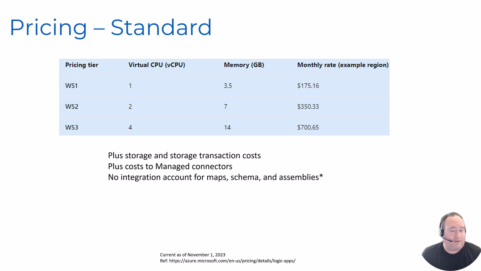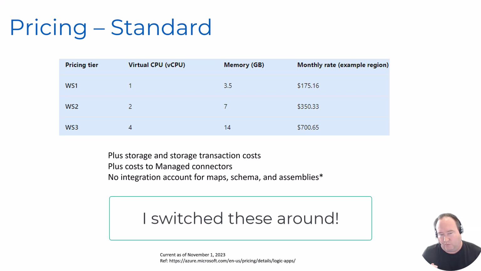There is the plus side here with standard is there's no integration account needed if you want to do maps, schemas, and use .NET assemblies. So this is definitely a huge plus. To introduce these into consumption, there's a substantial price hit for that. And the only catch here is, that's why I have the asterisks, is they're compartmentalized at the workflow level, and we'll talk about the workflow in just a moment.